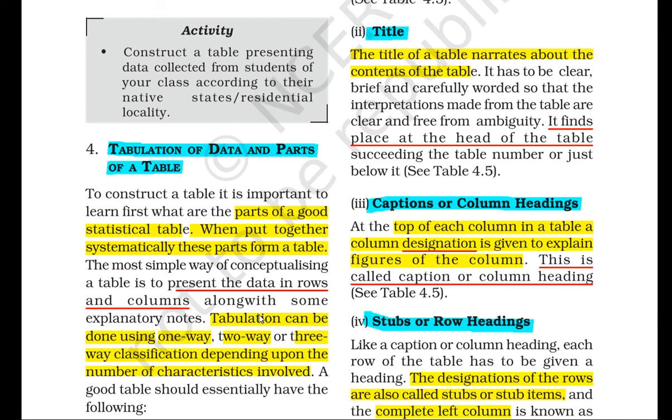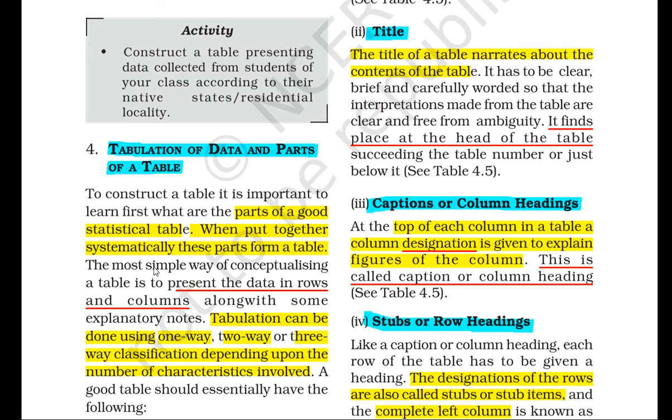So we need to understand what the various parts of a statistical table are. In tabulation of data, we have to work a lot to prepare a good table. When we put all these parts of a statistical table systematically together, then we make a good table.